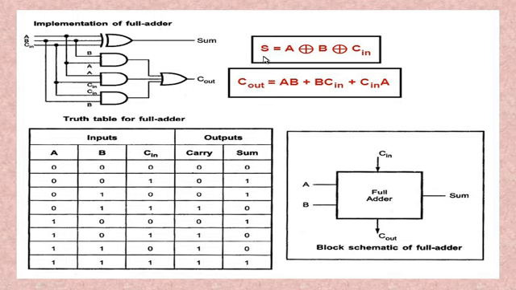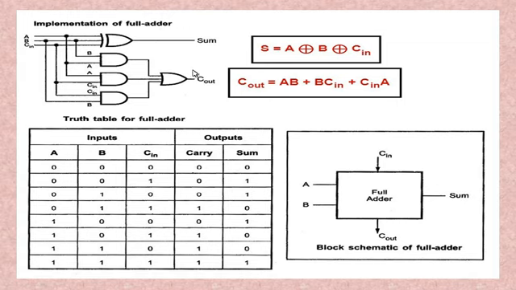So the equation for sum is A XOR B XOR C in, while the equation for carry is AB, means 2 inputs to this first gate, then BC, 2 inputs to this last AND gate, plus C in A, this C in and A. These are the two inputs to this second AND gate.